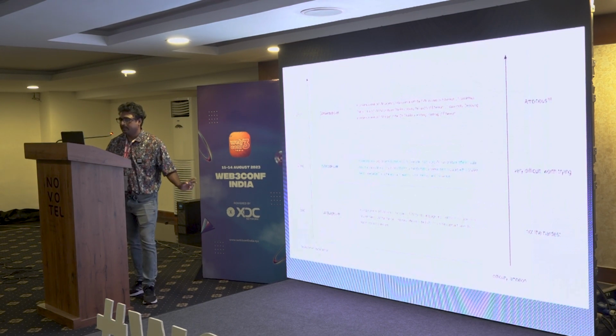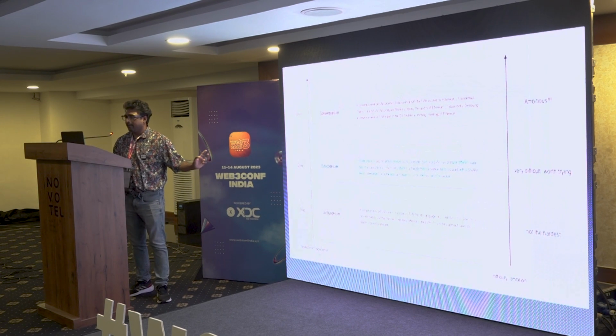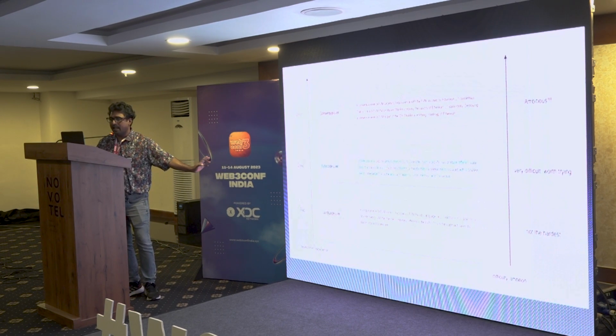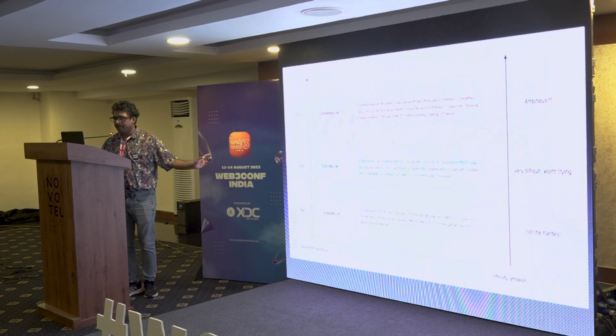This particular slide tells you that you can have EVM compatibility at the language level, the bytecode level, and the consensus level, and how hard and how good it is to have each compatibility.